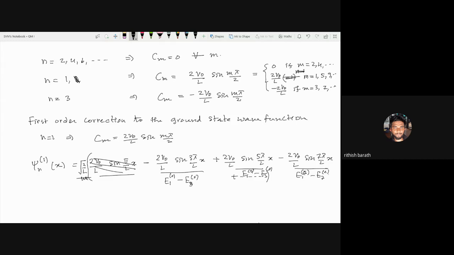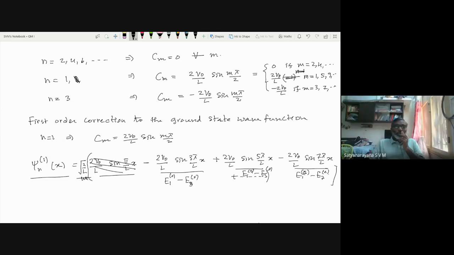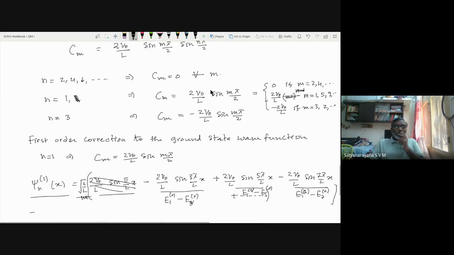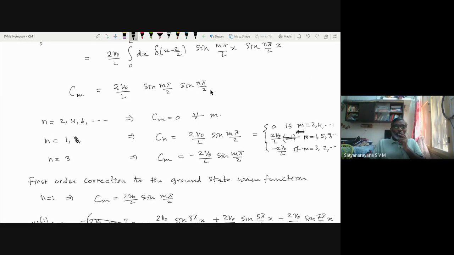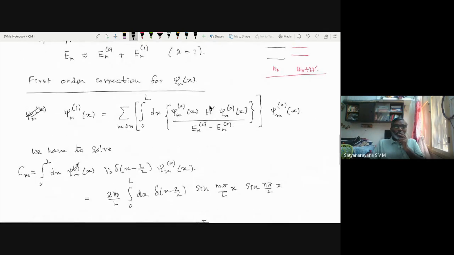So this will be an infinite series, but this is going to be your first order correction. That means your actual function will be the unperturbed wave function plus all these terms. So this turns out to be the first order correction for this simple looking potential. Okay, so that is how we have to calculate given the perturbation.